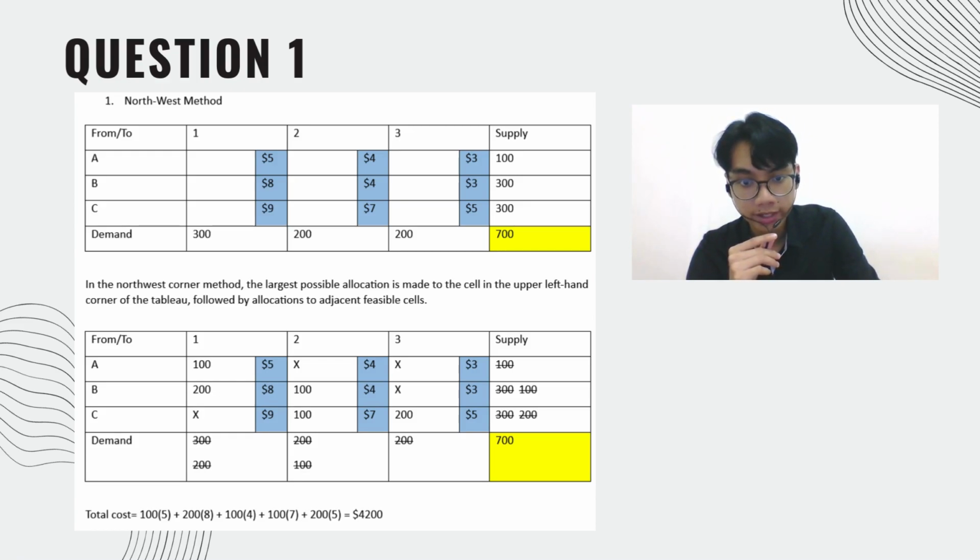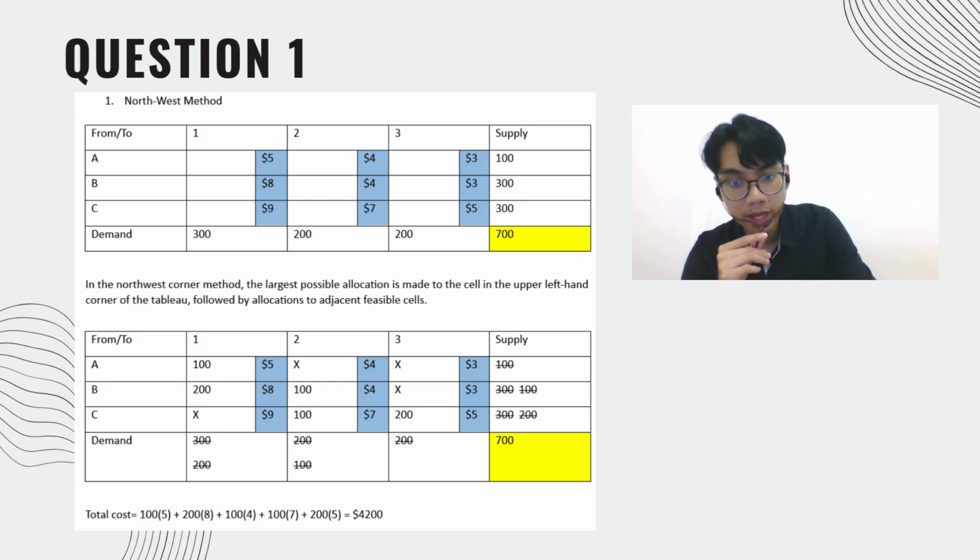We put 100 because we only have supply A of 100. So we can only provide to demand 1, which is 300 minus 100, we get 200. So there is 200 demand left on demand 1.